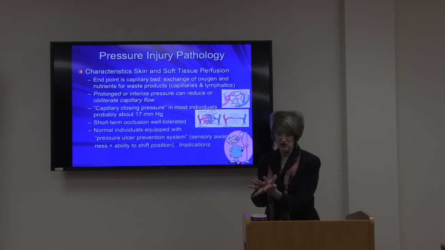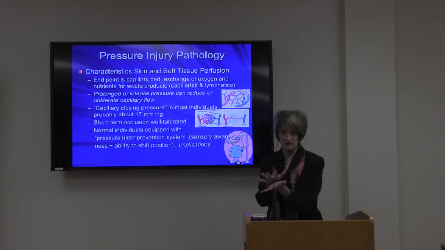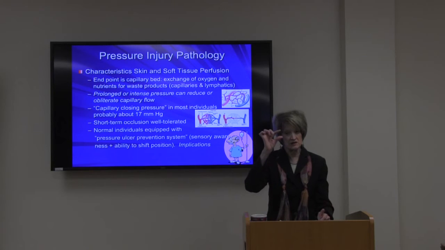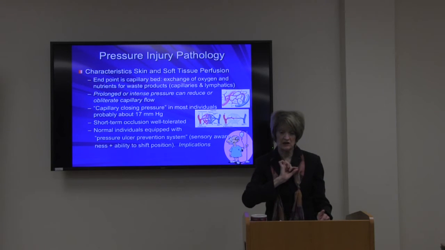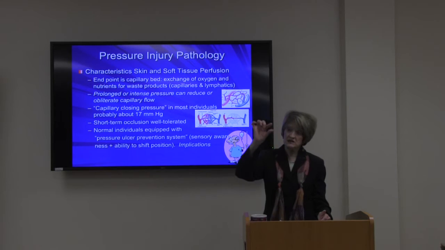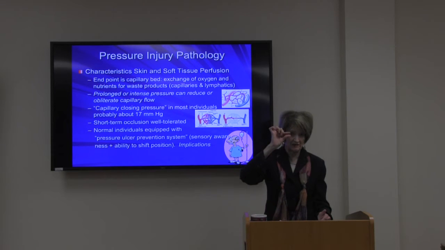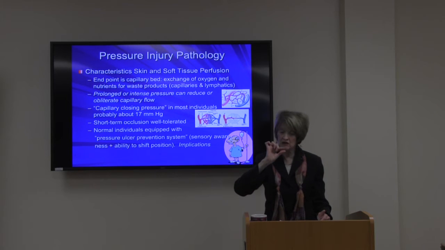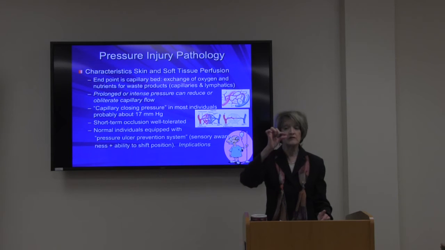Now let's take that patient off the x-ray table and put them in a hospital bed or put them in a wheelchair with a cushion. So now there's some tissue compression. It's not nearly as severe, but it's enough to partially collapse the capillary bed. So some blood flow is still going through, not nearly as much as normal.